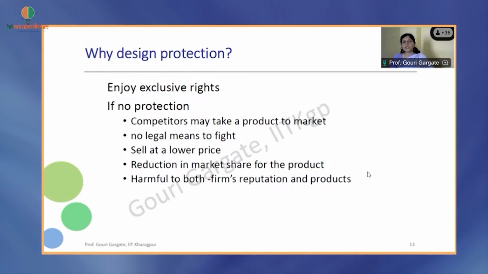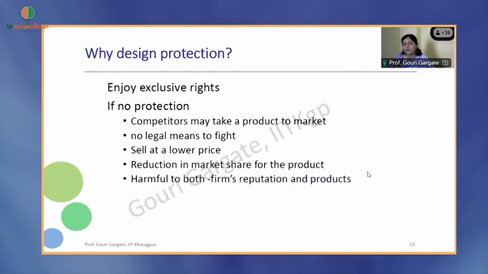Now, the example I want to share is that they designed one fan, and for that fan they neglected the importance of industrial design and did not do the design registration. What happened? Whenever they launched that product into the market, as there was no protection, their competitors immediately copied that design.